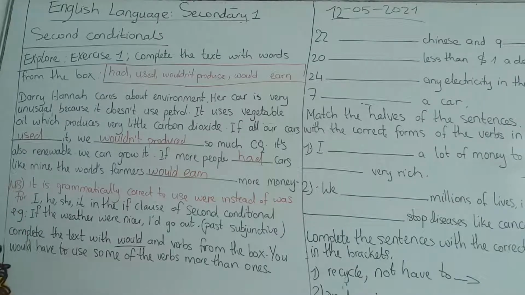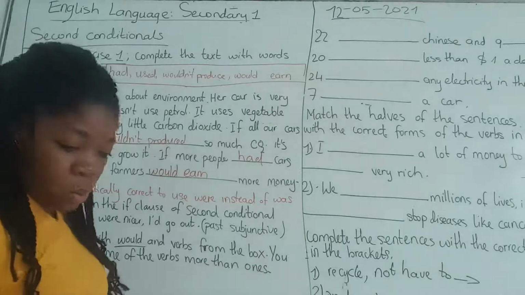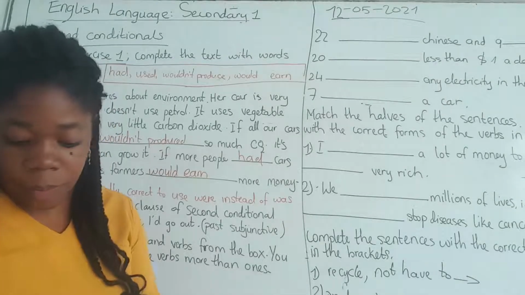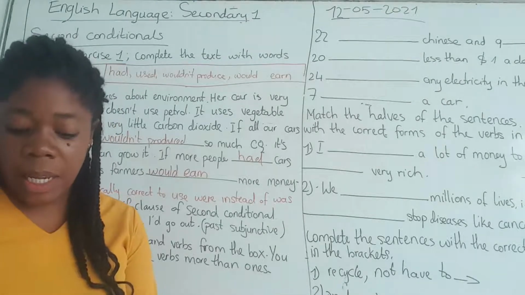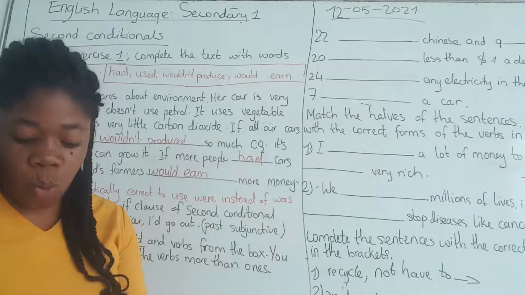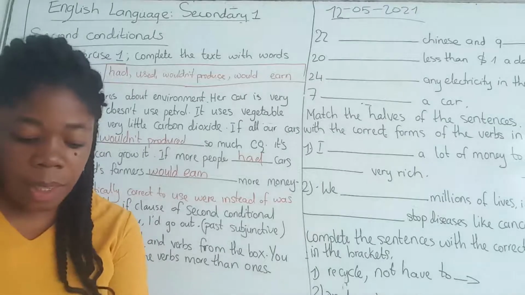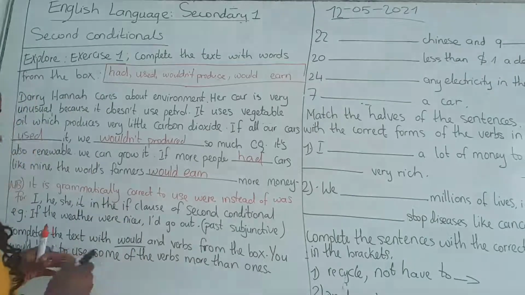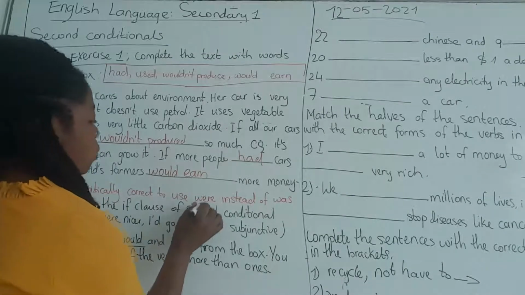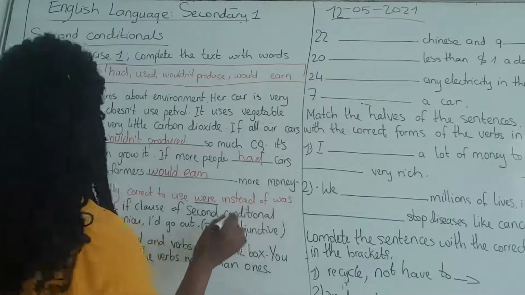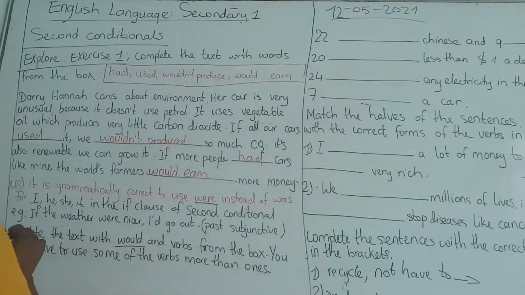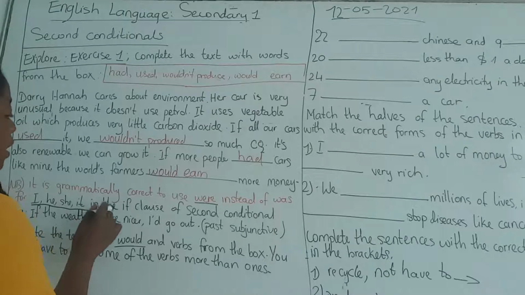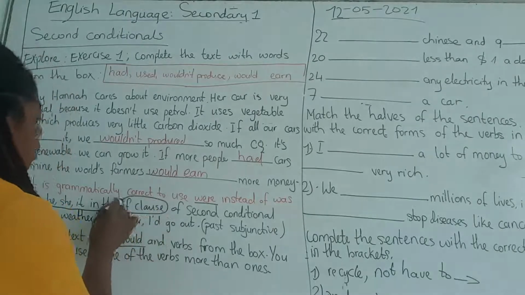And it is written here that you should take note. NP means you should take note that grammatically it is correct to use were instead of was, for he, she, it, in the if clause.